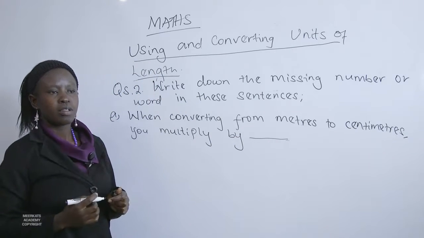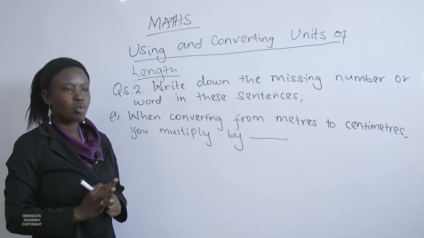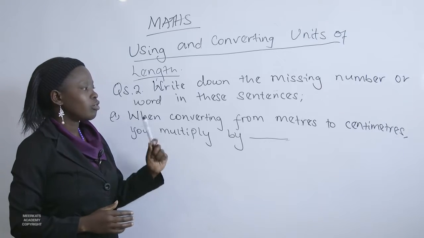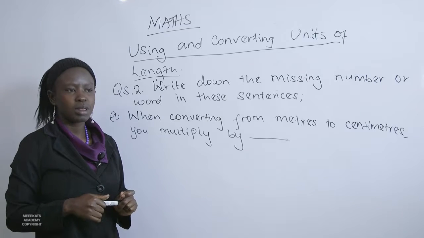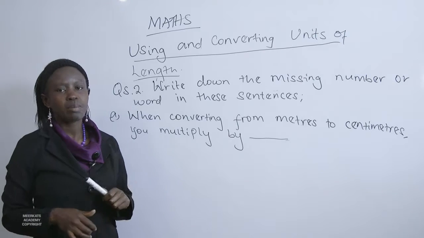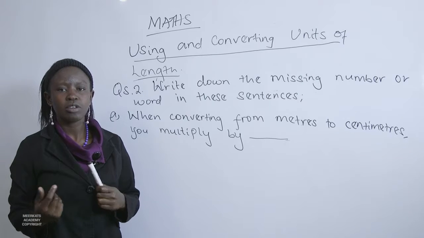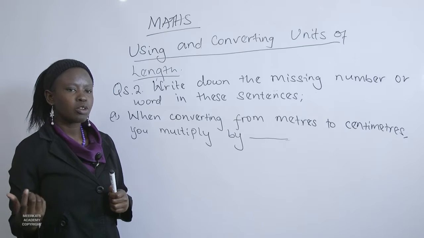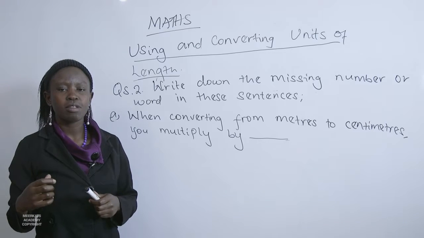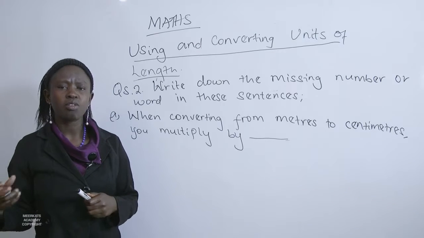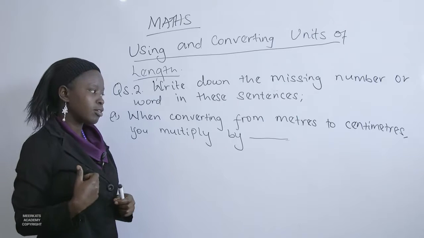So the first sentence we have to complete is that when converting from meters to centimeters, you multiply by. That means you need to find out which number do you multiply with a unit that is in meters, so that you get the equivalent value in centimeters.